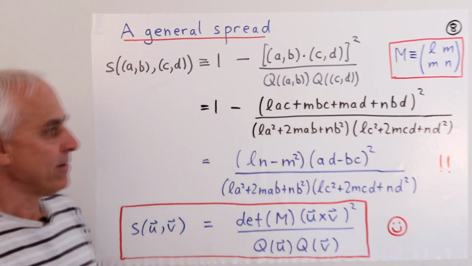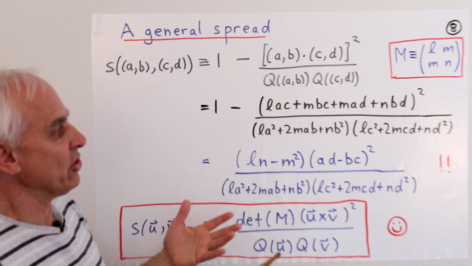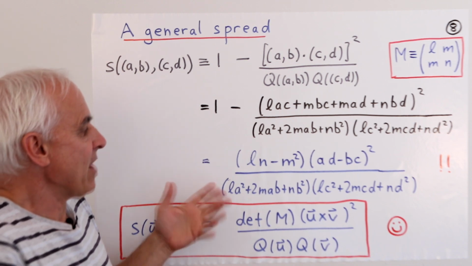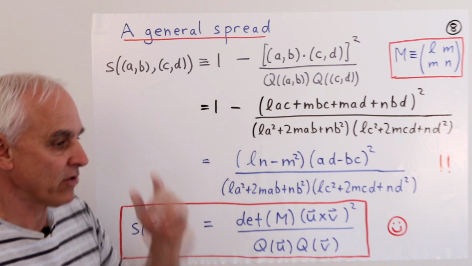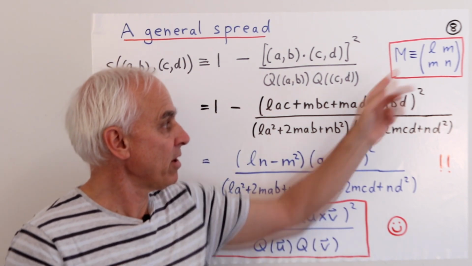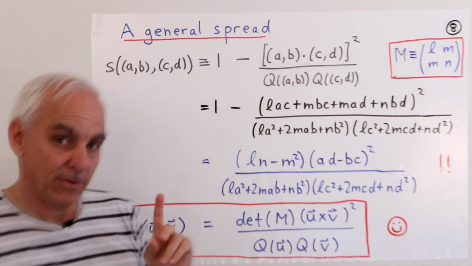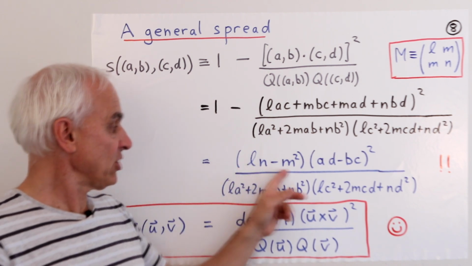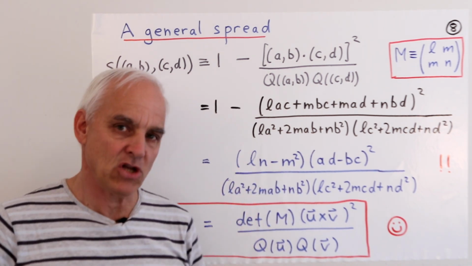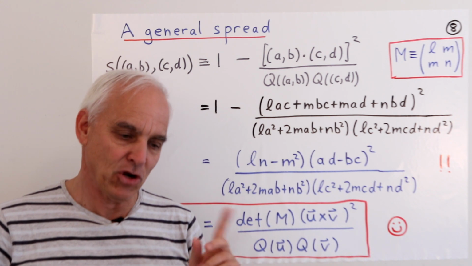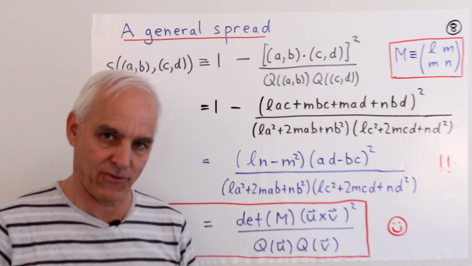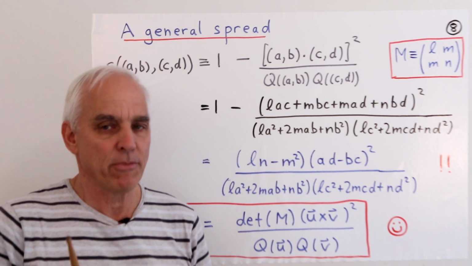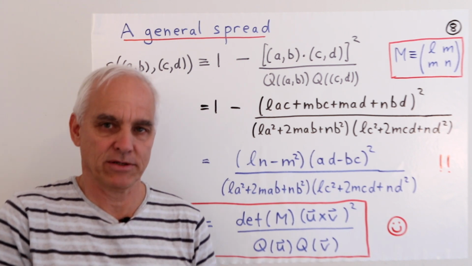Okay, but now we see the bigger picture, right? We see that this kind of story will work no matter what symmetric matrix we put up there, as long as this determinant of M is not 0. If the determinant of M is 0, then somehow all bets are off. This whole thing collapses, and our geometry becomes sort of degenerate.